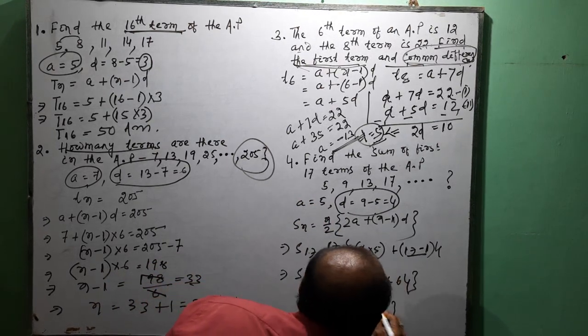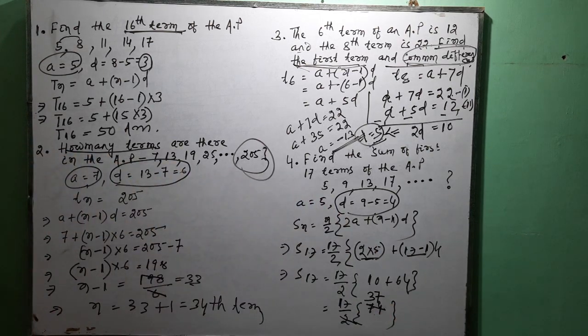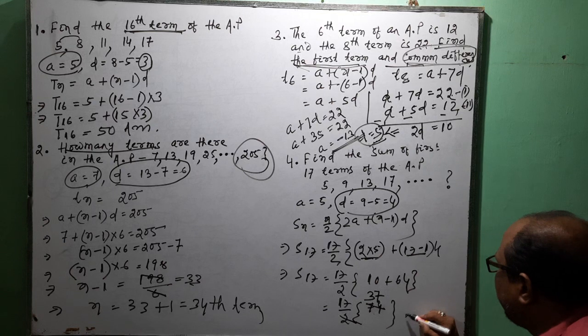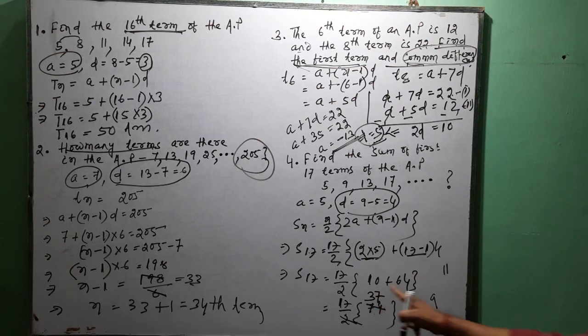If we cut it, 37 into 17: 17 times 7 is 119, 9 carry 11, 17 times 3 is 51, plus 11.